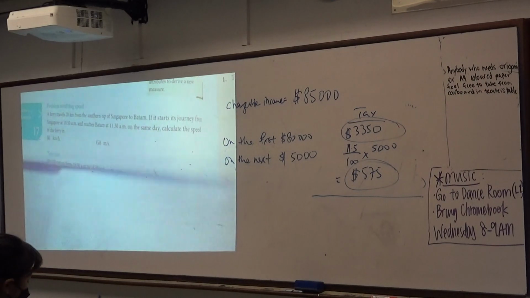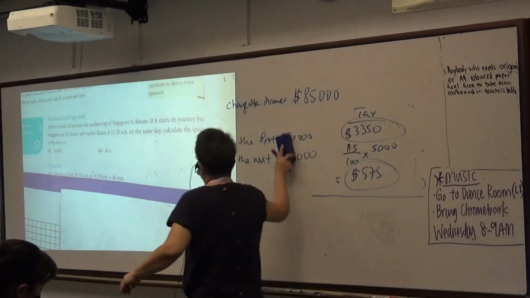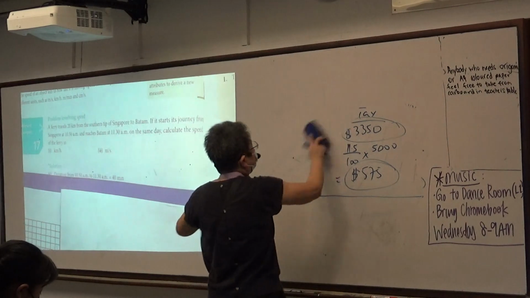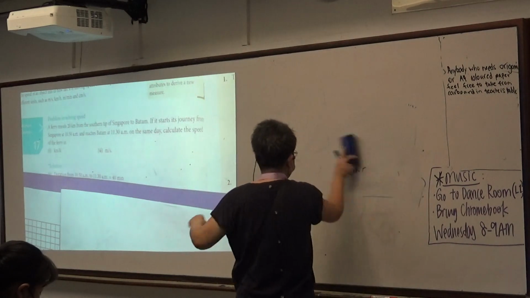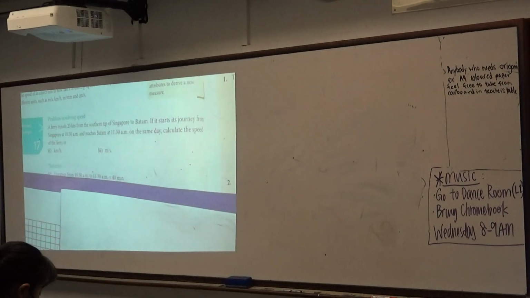Page 64. Okay, what do we have? We have to convert the speed. Okay, let us take a look. A ferry travels 20 kilometers from the southern tip of Singapore to Batam.